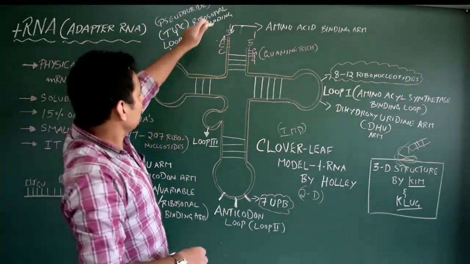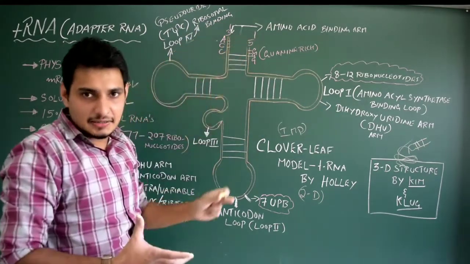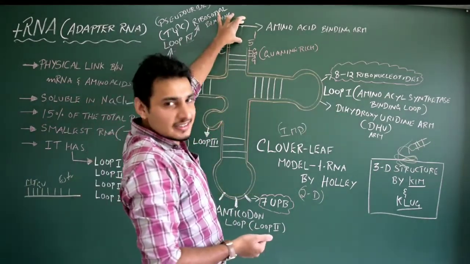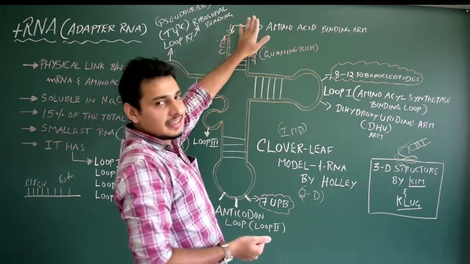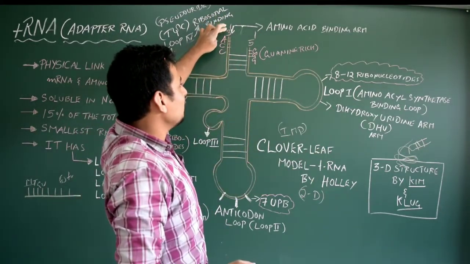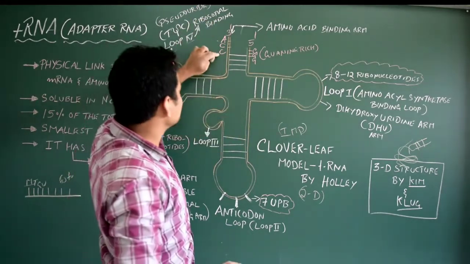See here, this is the 3' end and this is the 5' end, the starting ribonucleotide. In this particular site, the tRNA is completely free. The 3' end has specific unpaired bases that should be read as CCA.